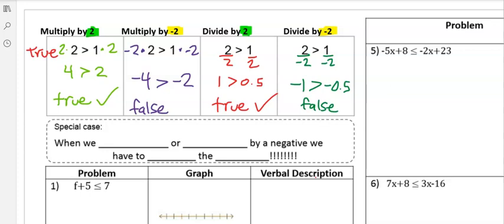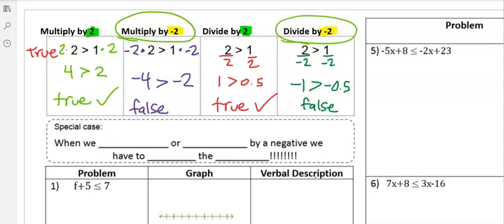So 2 divided by -2 is -1. 1 divided by -2 is -0.5, or you could write it as -1/2. Now, -1 is not greater than -0.5. It's more negative, so it is definitely smaller. So it is false. So notice that our statements that are false are when we multiply by a -2 and divide by a -2. So it does have something to do with it being negative.